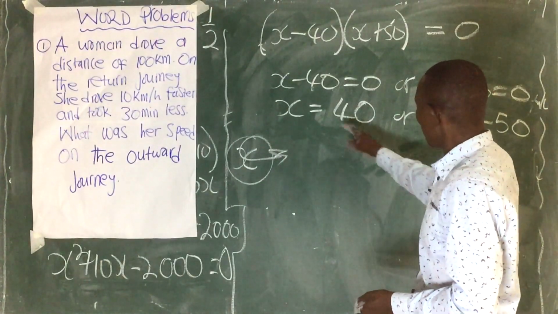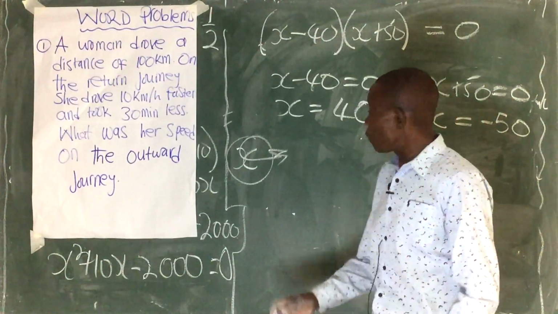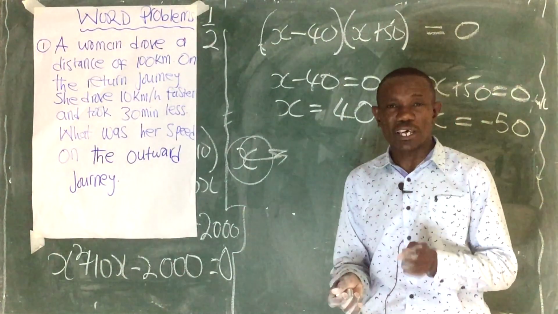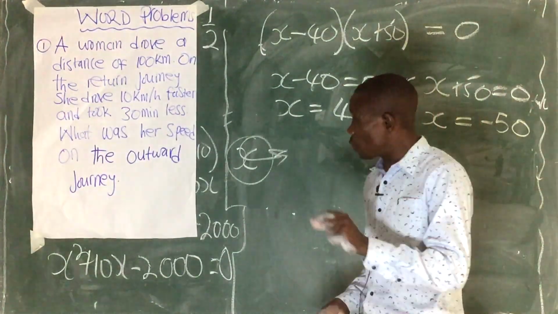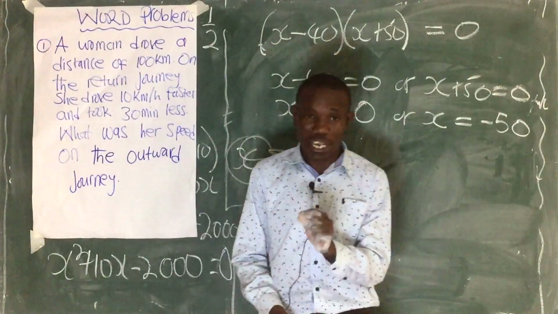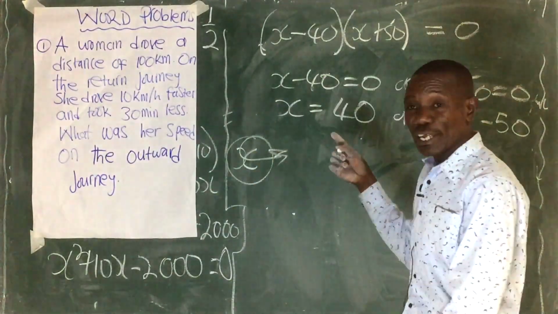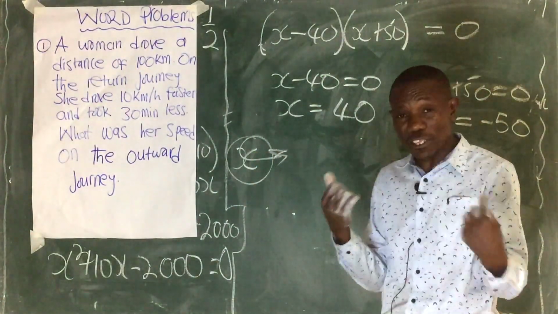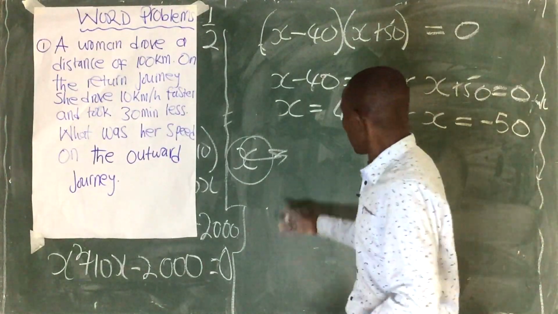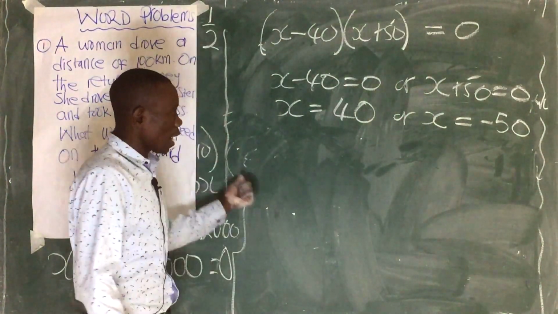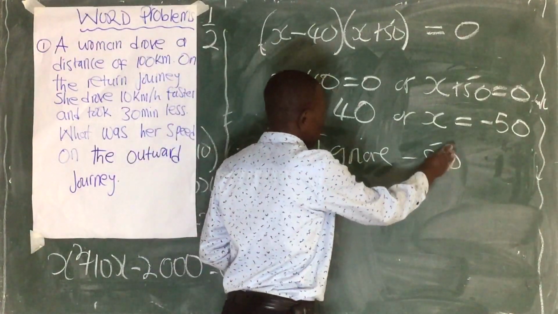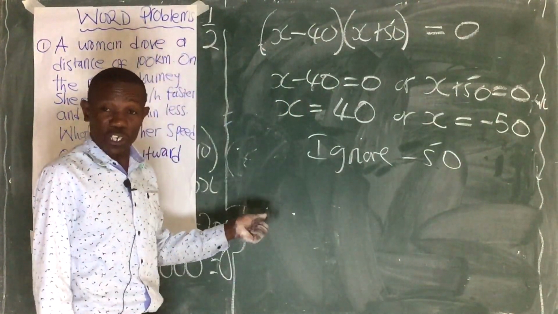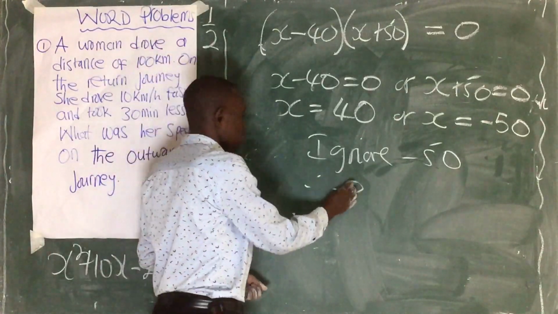Sometimes you solve the equation and x represents age, and you have found two values, one negative and another positive. If the quantity you're working for cannot be negative, you ignore the negative value and consider the positive one. Since speed cannot be negative, we ignore negative 50 because we don't expect this quantity to be negative. So we consider x as equal to 40.